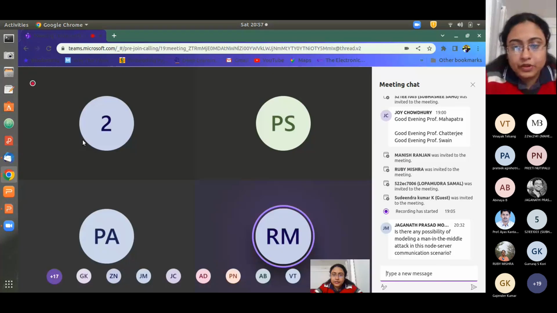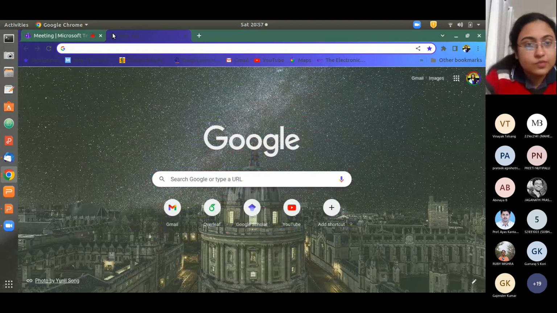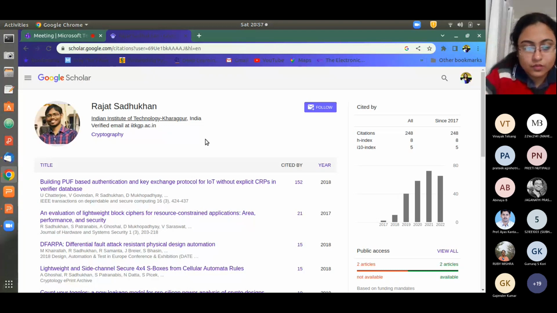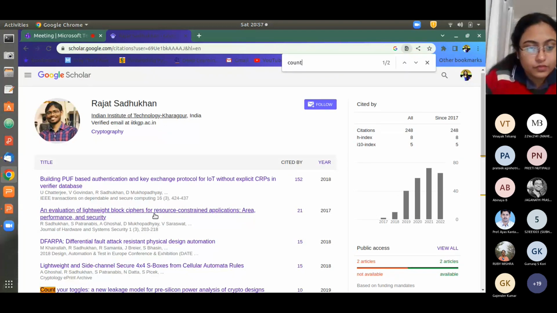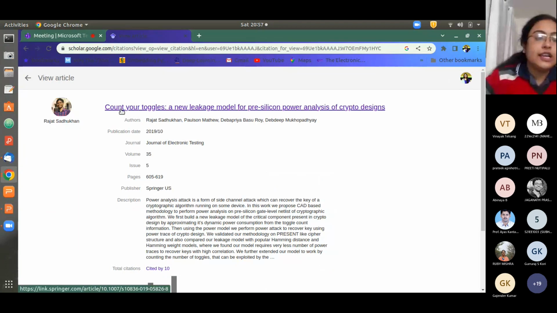Yes, actually there is a paper which can help you out. Just a second. Yes, I got it. So this paper talks about how we can create a leakage model, specifically a power leakage model, before even deploying the crypto design in silicon.